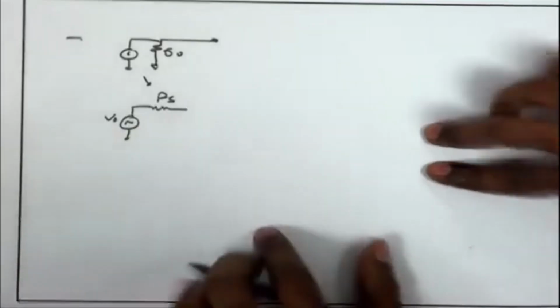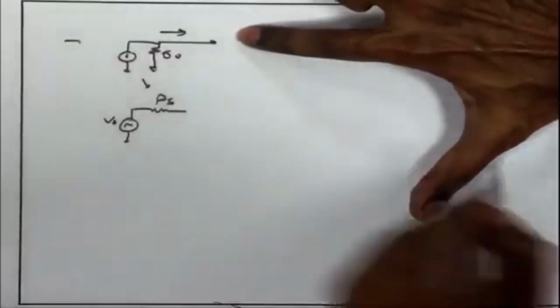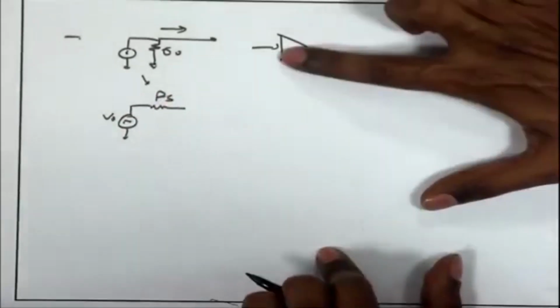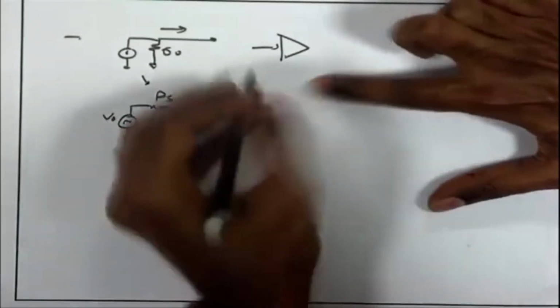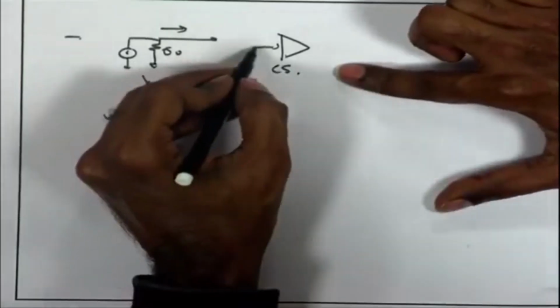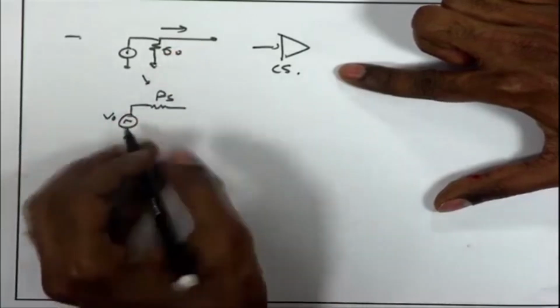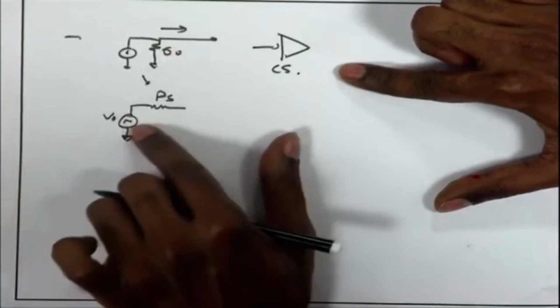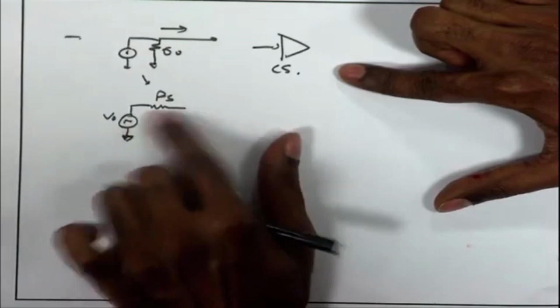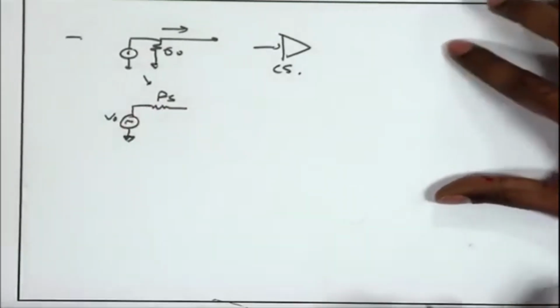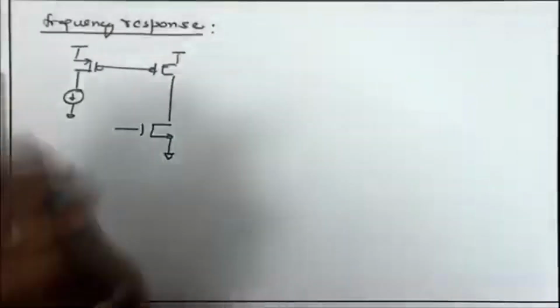So, in general when one of the amplifiers is being driven by the previous stage, suppose this is going to the next stage amplifier that we are right now considering, this is my active load common source amplifier, and it is getting signals from the previous stage. So, I can model that previous stage as an equivalent Thevenin model where the output signal is in series with the RS, the effective source resistance of the previous stage.